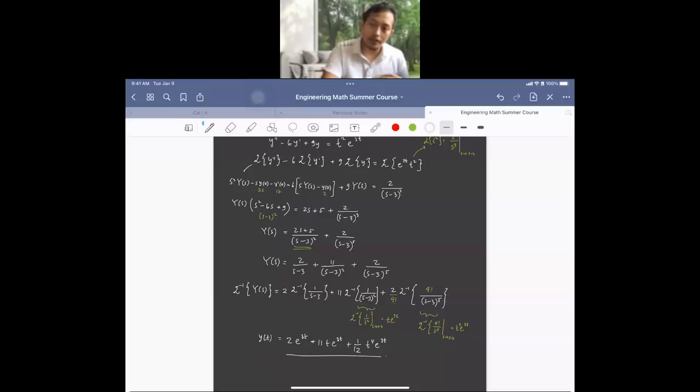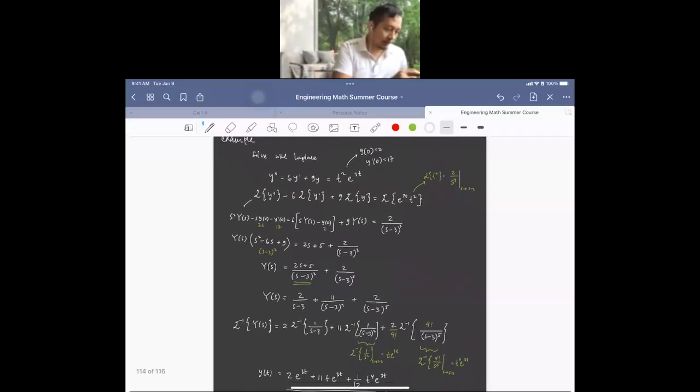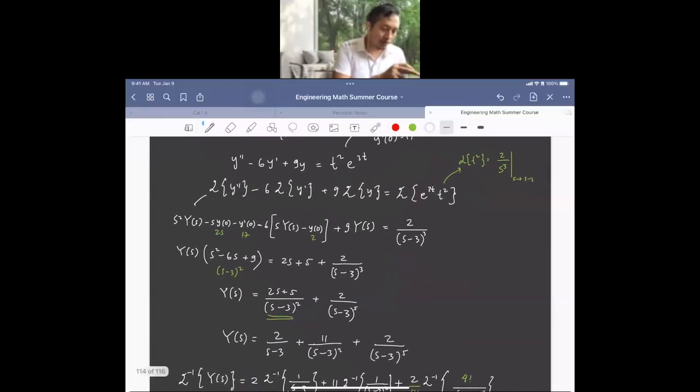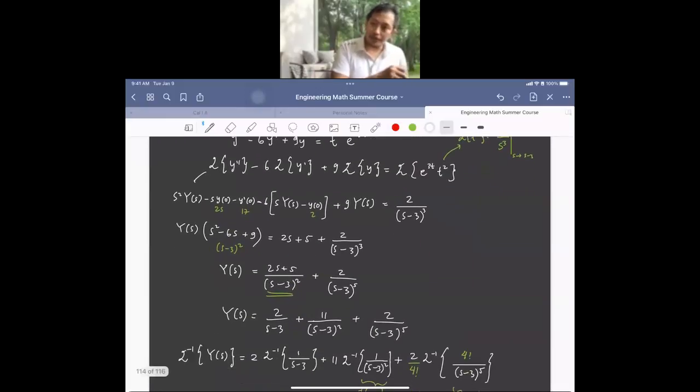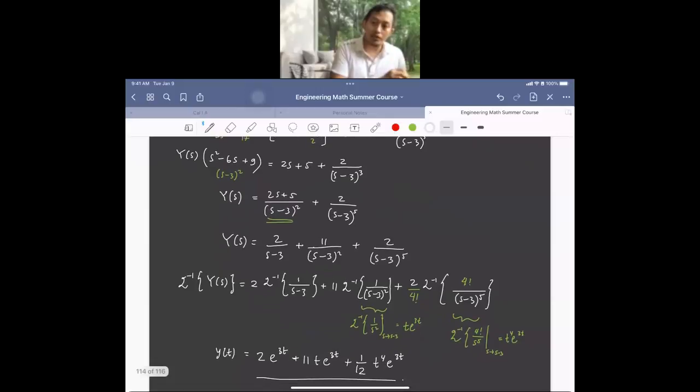After rearrangement, you go for the inverse and revert back to the original variable, which is usually t. As we can see here, we transform with Laplace, we rearrange the transformed function, and then we transform back using the inverse.